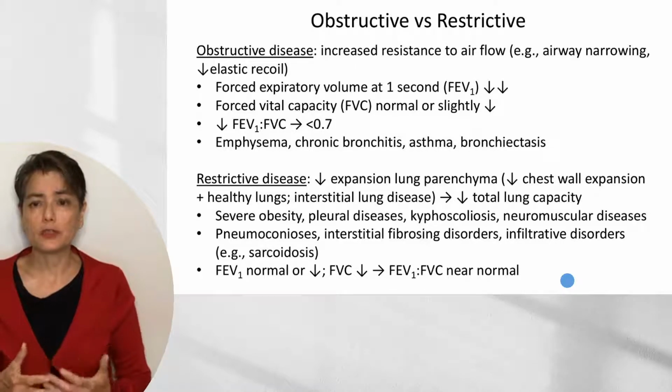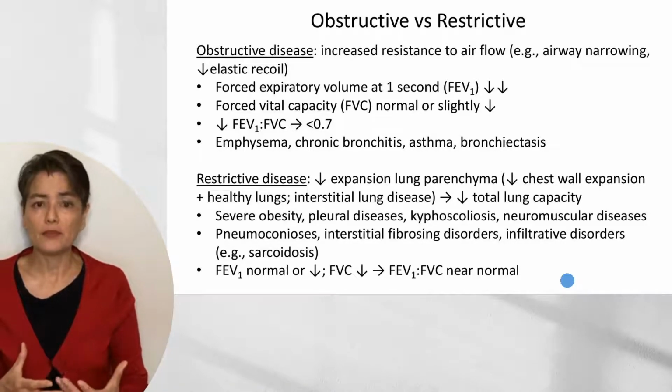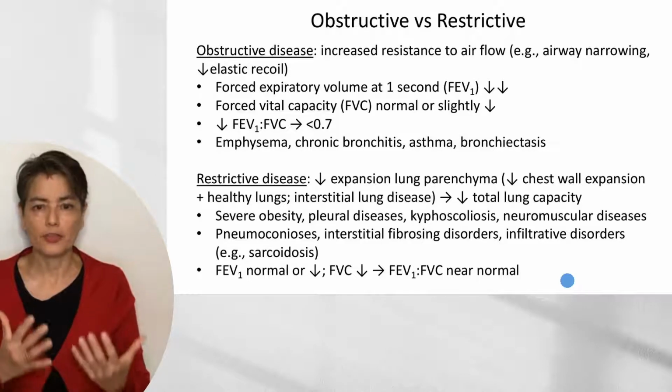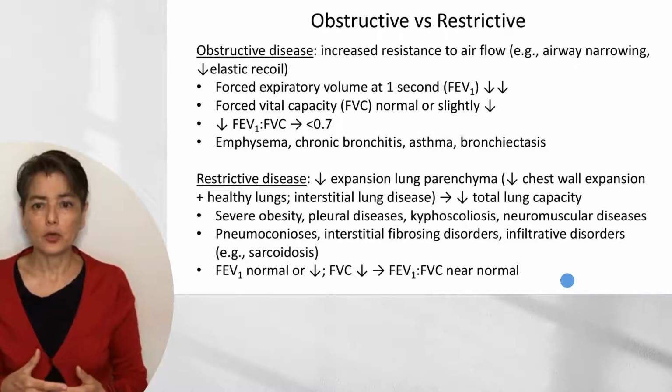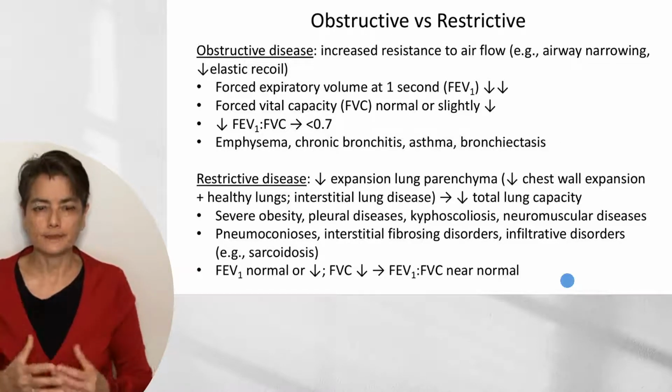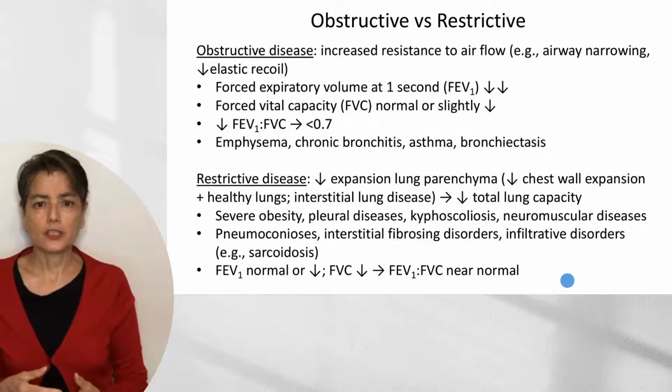So examples of decreased chest wall expansion can be severe obesity, pleural diseases, so thickening of the pleura, kyphoscoliosis, and neuromuscular diseases that prevent a full inhalation. The interstitial lung diseases include the pneumoconioses, interstitial fibrosing disorders, and infiltrative disorders such as sarcoidosis.